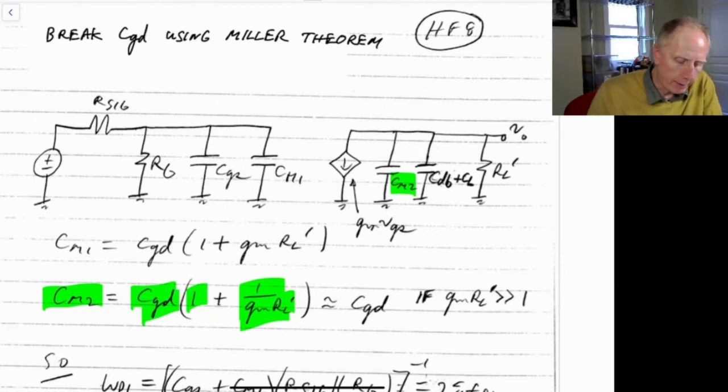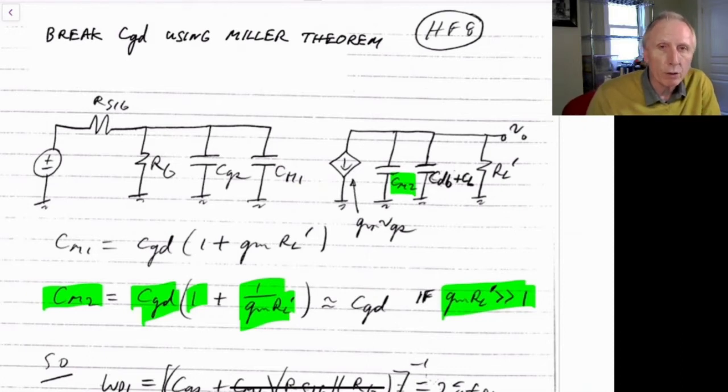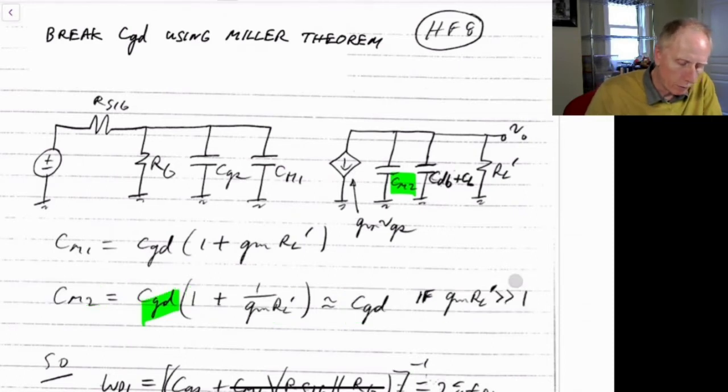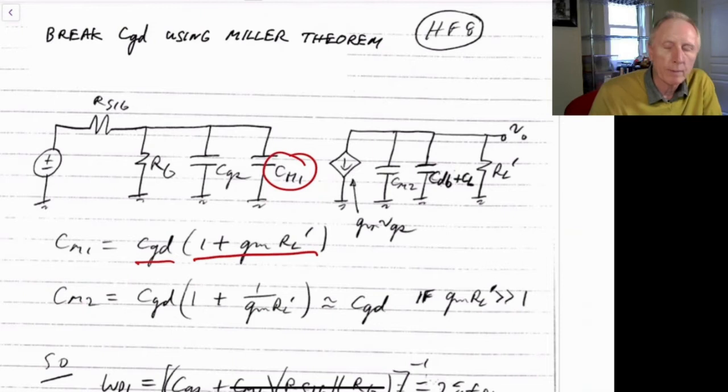Now in the case that gm RL prime is much greater than 1, say 10 or 20 or so, we could approximate this Miller capacitance CM2 as just approximately equal to C gate to drain on the right hand side. But we can't do that on the left side. On the left side, we actually have that C sub M1 is the gate to drain capacitance multiplied by this extra term here, 1 plus gm times RL prime.